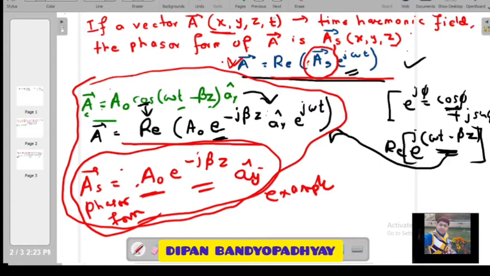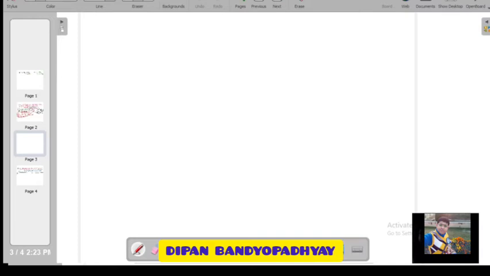Now we will see, if I take the time derivative of A, what will you get? So we have A equal to real part of As e to the power j omega t. This is what we have.